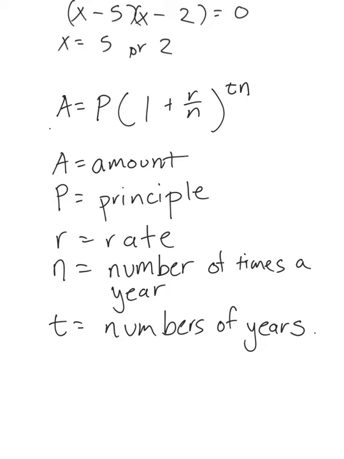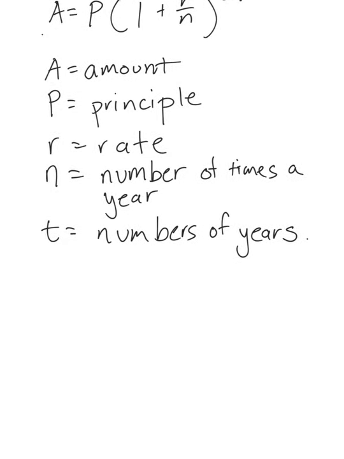Most savings accounts pay you once a year, but let's say this very generous savings account pays you 4 times a year. The principal is how much you put in. Let's say you put in $15,000. Oh, okay. We're broke college students here. Let's say we're young, we're starting out. We put in $100.